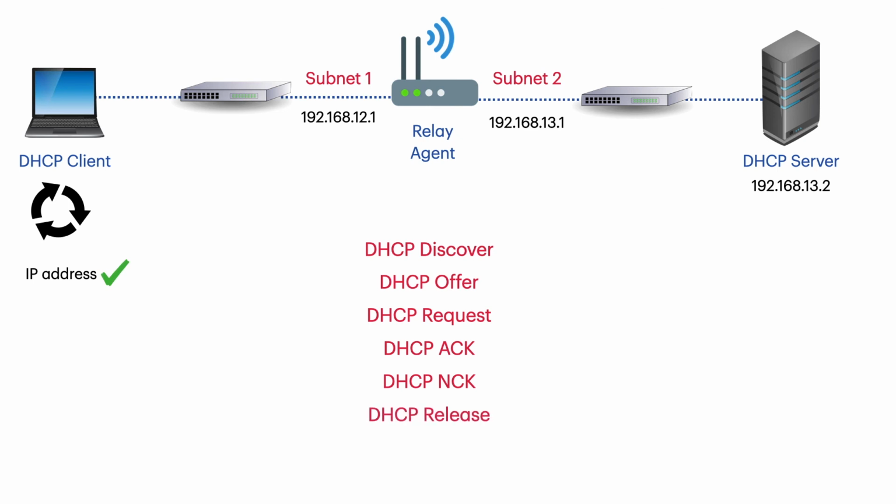If the client has an IP address and does not need it anymore, for example in case of a full shutdown or the client has moved to some other subnet, the client triggers a release message to the DHCP server to release the IP address and cancel the remaining lease.